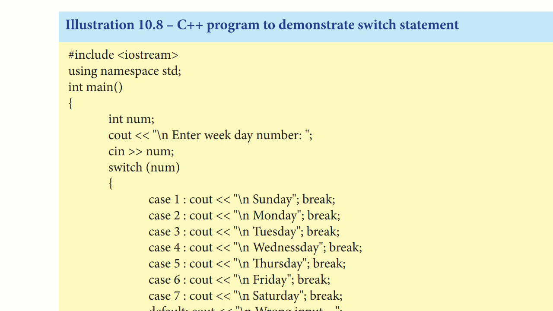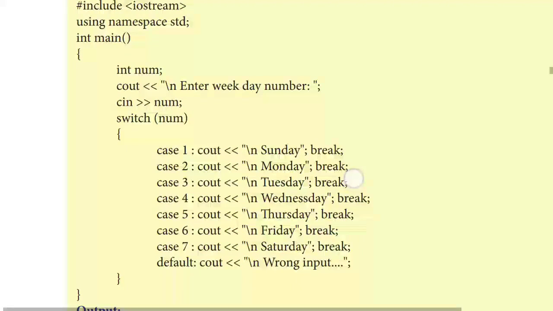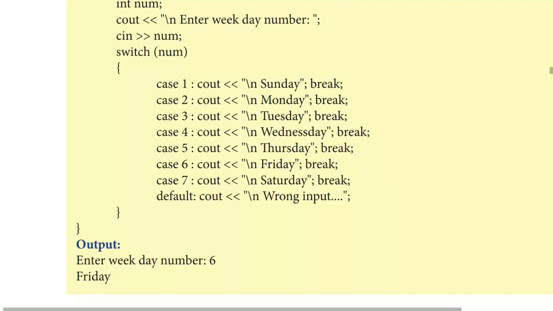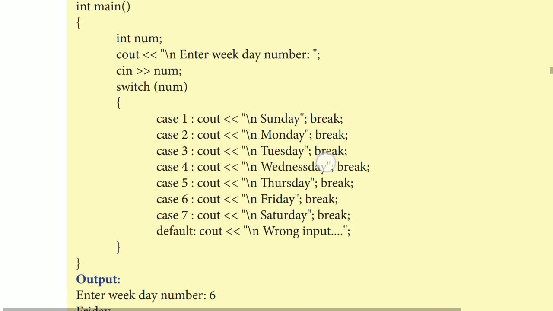If the user provides any number, then the corresponding case will be executed. Say for example the user enters 6 as input, so it is stored in the variable num, and it is given to the switch statement.